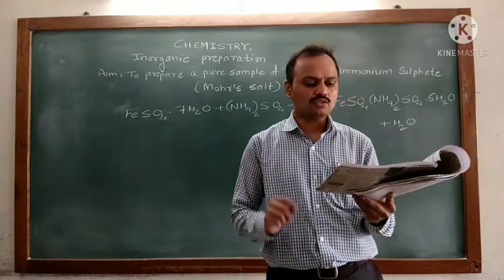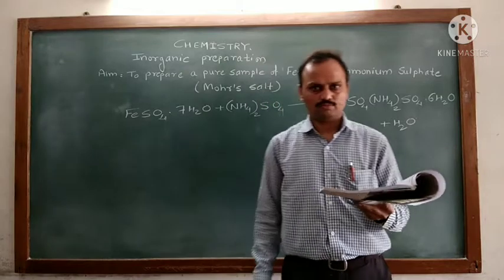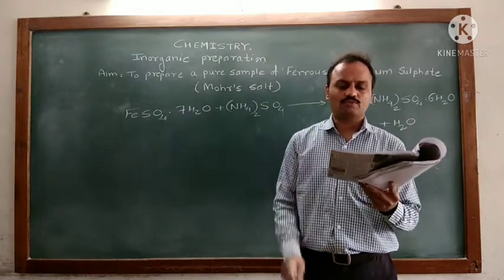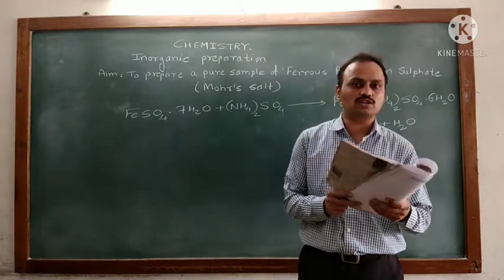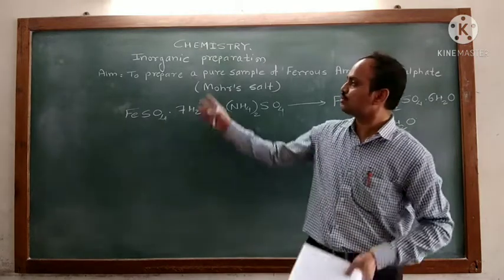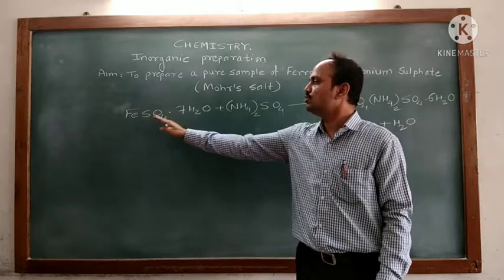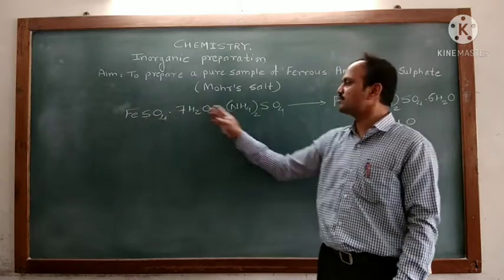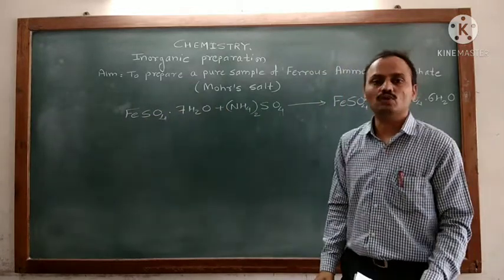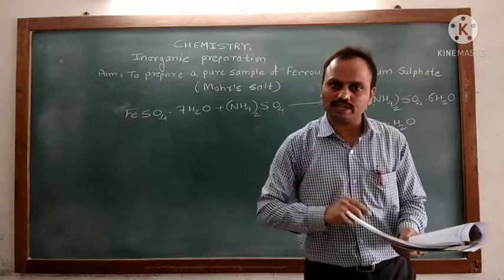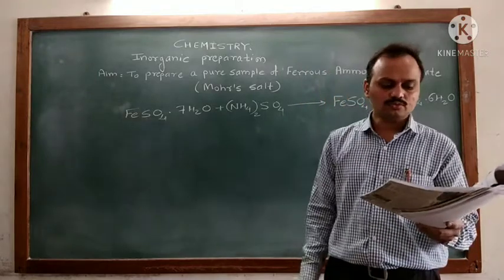Now, the procedure. What is exactly the procedure for preparation of this ferrous ammonium sulfate? I have to take these two chemicals, ferrous sulfate and ammonium sulfate. What weight do I have to take? Please see.